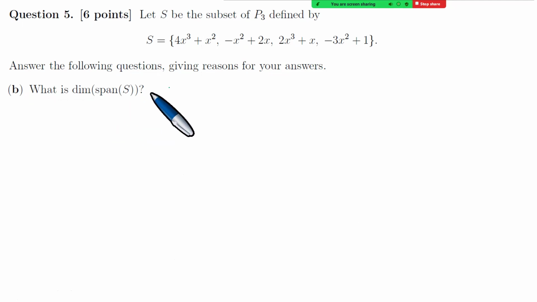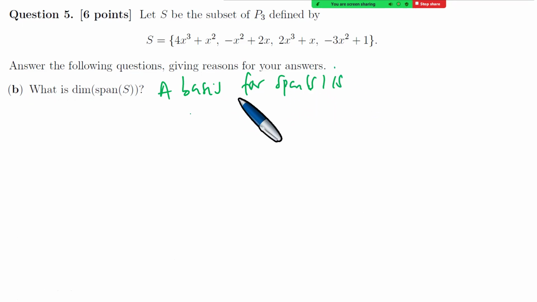What is the dimension for the span? We recall that a basis for the span of S is given by B, which we said the first, the second, and the last.